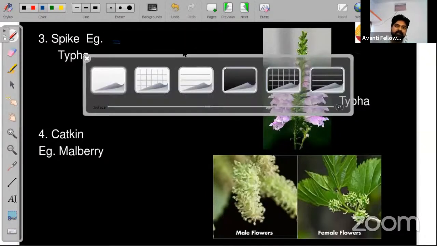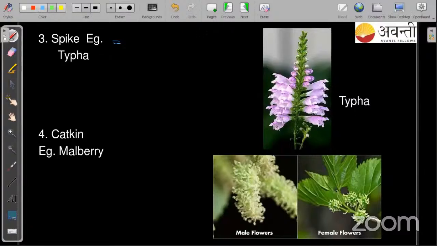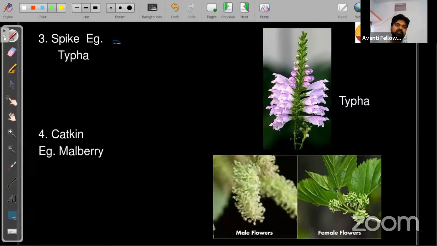I am writing the speciality of spike here: similar to raceme but bearing sessile flowers.